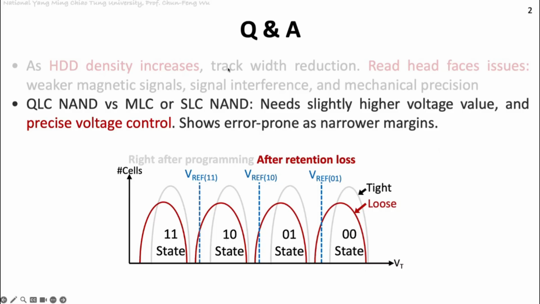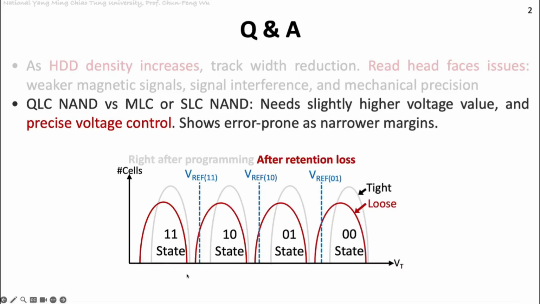The error occurs because, look at the figure again. If there are some retention errors, then probably each of the distributions here will become loose. I mean, this is a tight one and this is a loose one. The red one is the loose one.